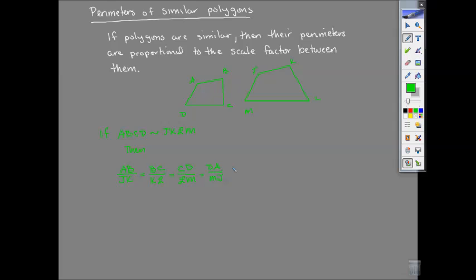Okay, you'd have all the sides in proportion, but that's also equal to all the sides added together. These are the perimeters.